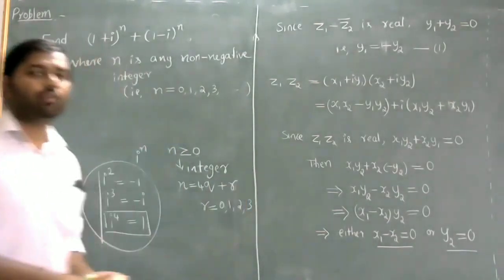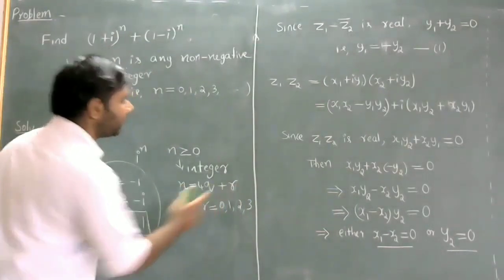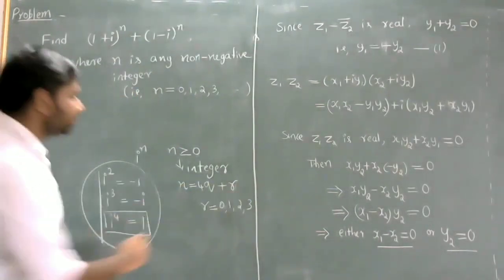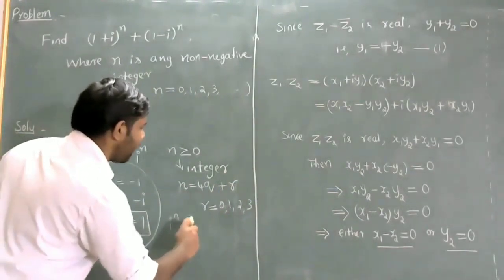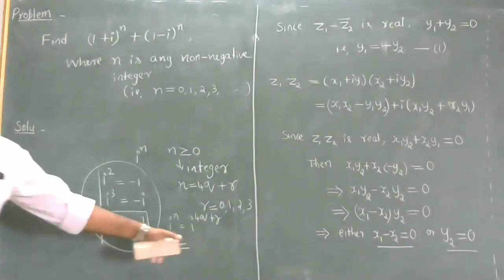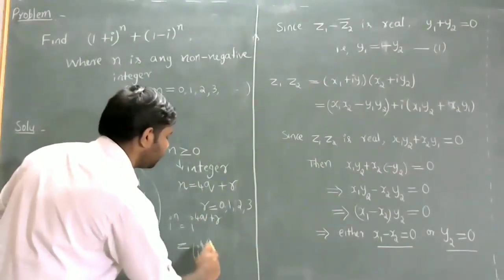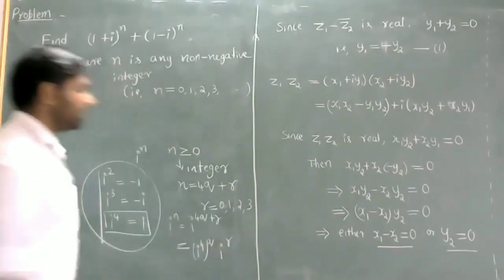So i power n will be i power 4q plus r, which by the simple law of indices is i power 4 whole power q into i power r.